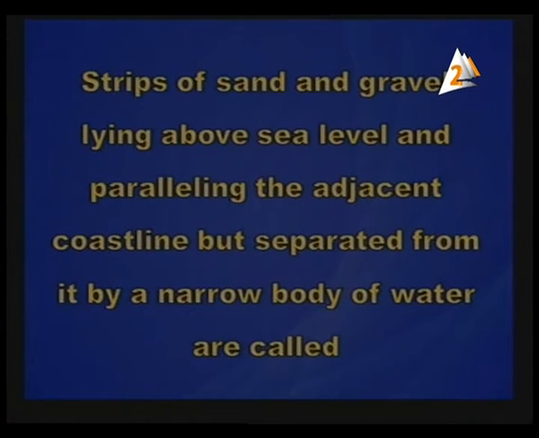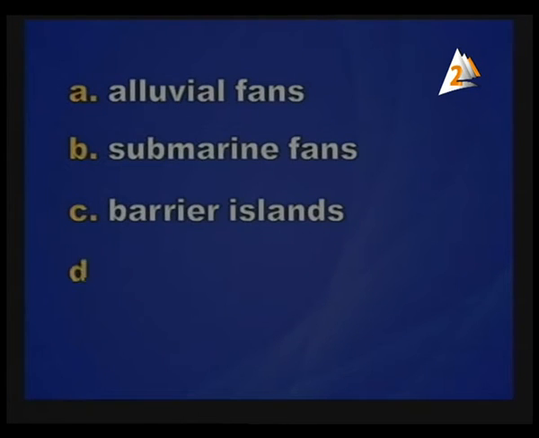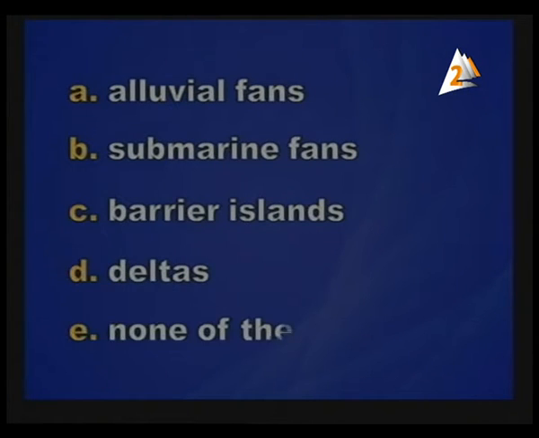Strips of sands and gravels lying above sea level and parallel to the adjacent coastline but separated from it by a narrow body of water. This strip of sands is called alluvial fans, submarine fans, barrier islands, delta, or none of the above.